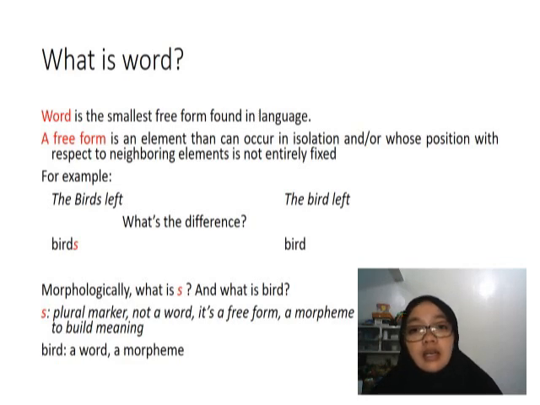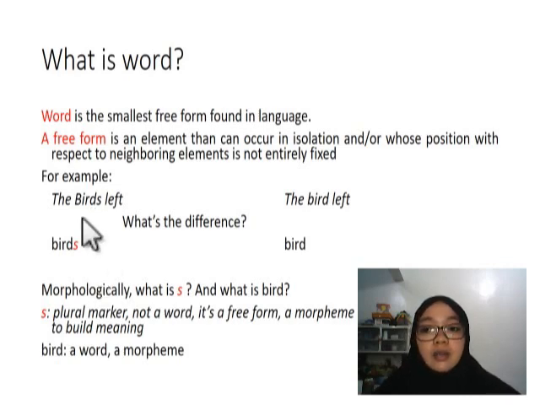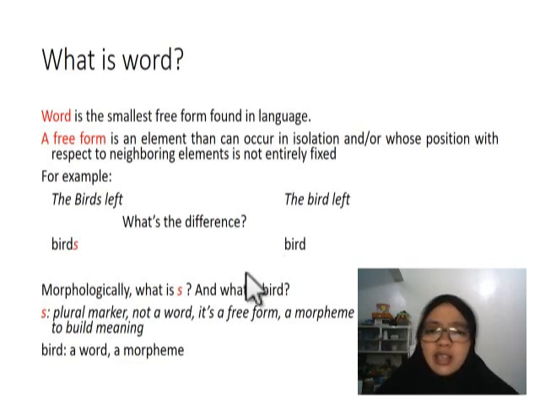Okay, the examples of last week, I told you about the birds. We have the examples bird and birds. What's the difference? Birds with s and bird without s. So morphologically, what is s? In this case, the s is the plural marker, the function of the s here is to make the word that is attached by it become plural.